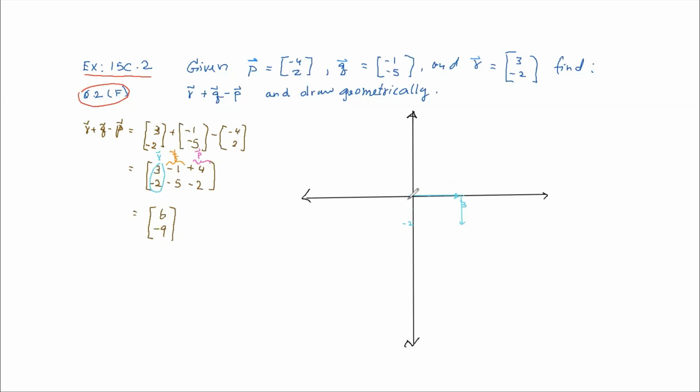Then the final destination of vector R is going to be from here, 0, down here. So we draw the direction from down here, with the arrowhead. Okay, so this one represents vector R.